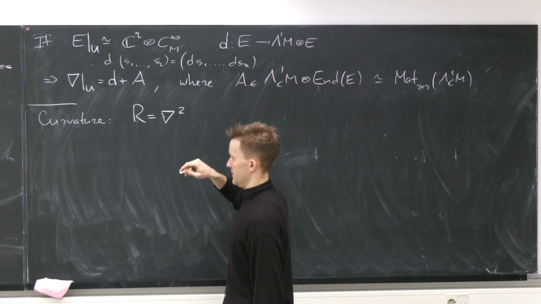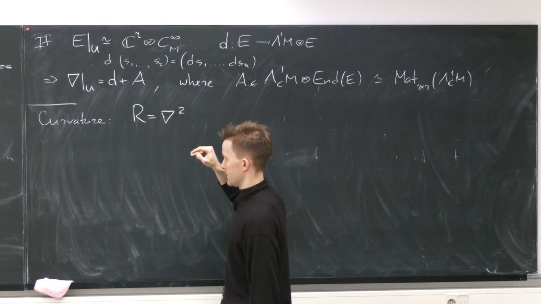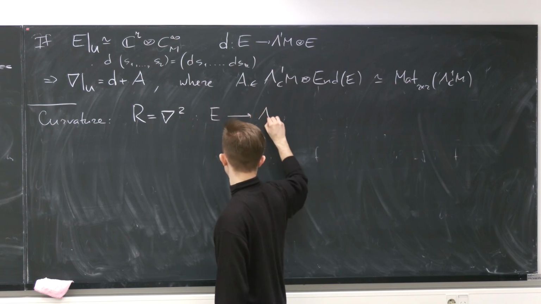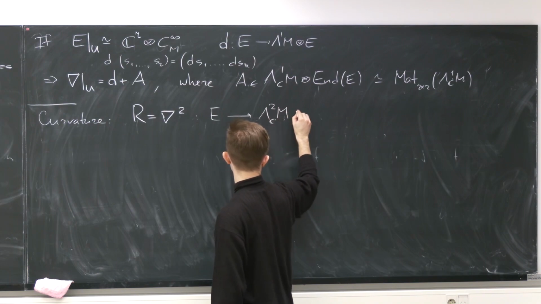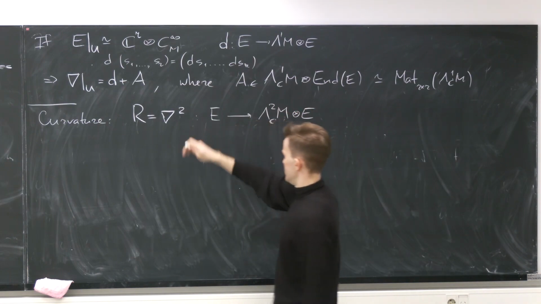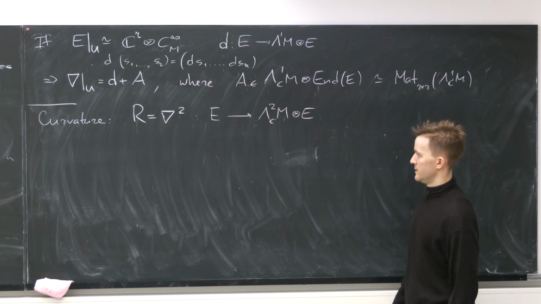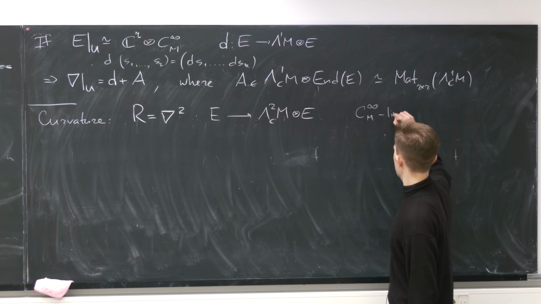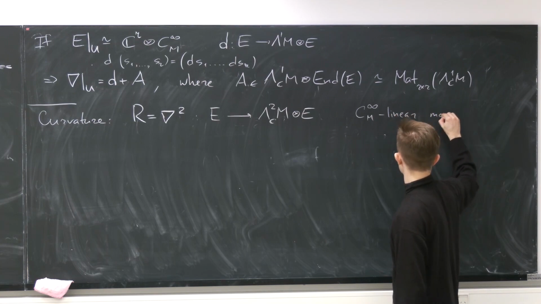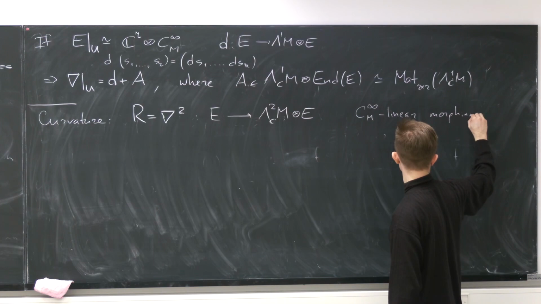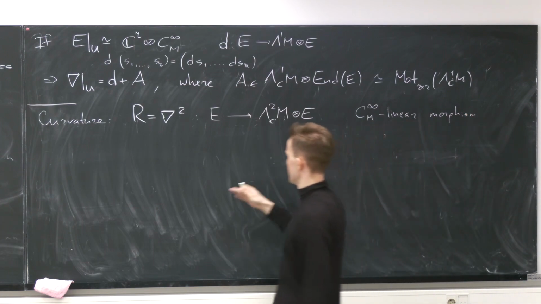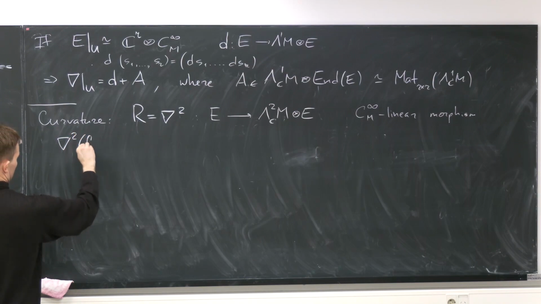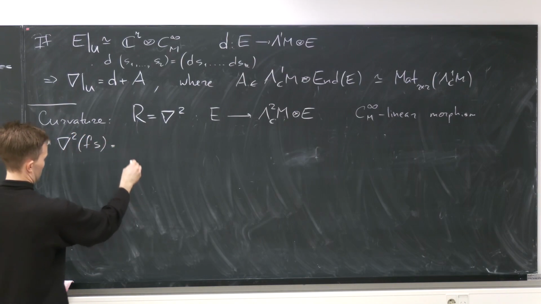And if I do this, then I get a map from E to Lambda^2 M tensor E. And this is also a C infinity M linear morphism. Why is this? That's easy to check, just because of the Leibniz rule.